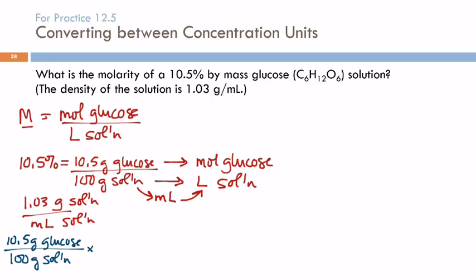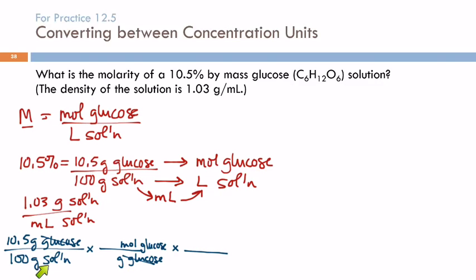I like to do the thing on top first. So I want grams of glucose in the bottom, and I want moles of glucose in the top. So that grams of glucose cancels out, and now I've got moles of glucose per 100 grams of solution. That's not so useful, but it's a step in the right direction. That's this one right here. Now I want to convert grams of solution that I've got in the bottom to milliliters of solution, and then to liters of solution.